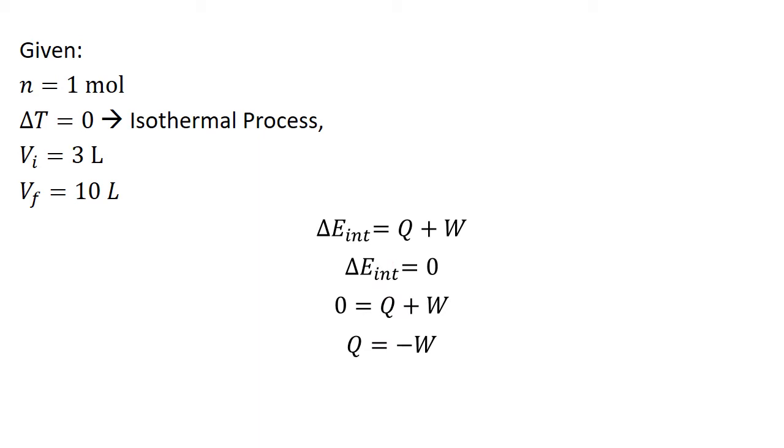And since nakuha na natin kay part A yung work done natin, so basically, ini-negative lang natin yung nakuha natin kay letter A. So, sagot natin ay magiging heat, or Q, equals 2.73 kilojoules. Yun lang po.